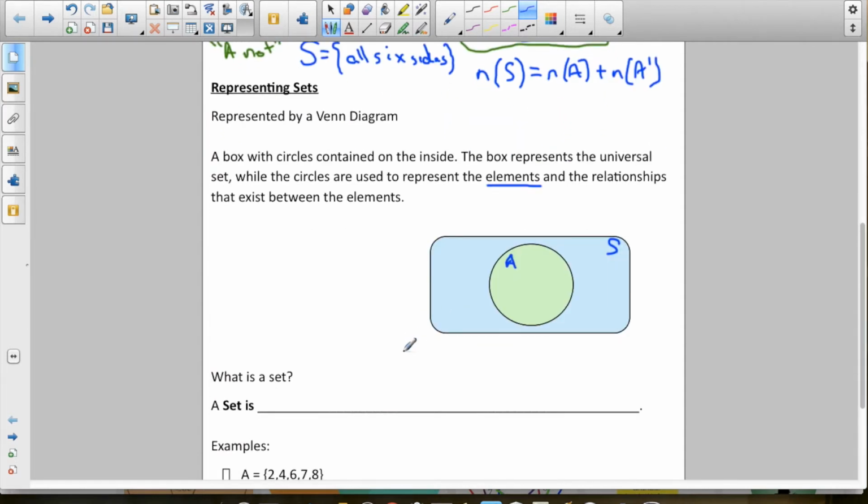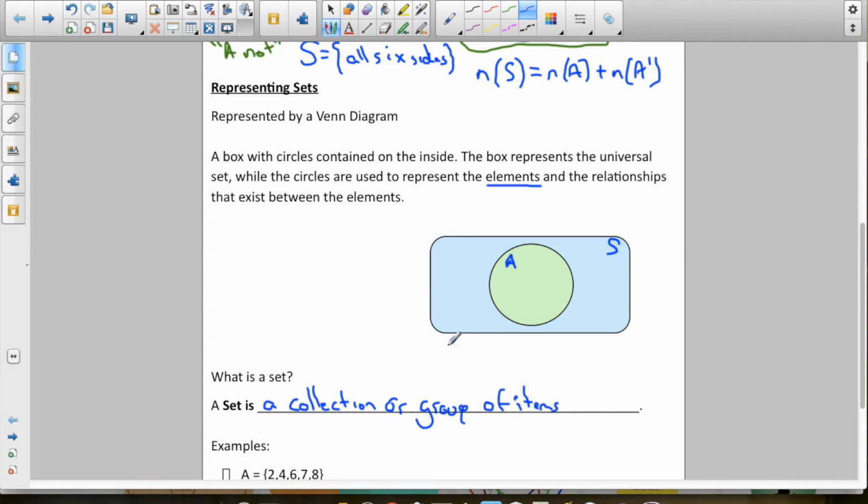So what is a set? A set is, and you've seen this before, a collection or a group of items. And the items can be numbers, but they don't have to be numbers.